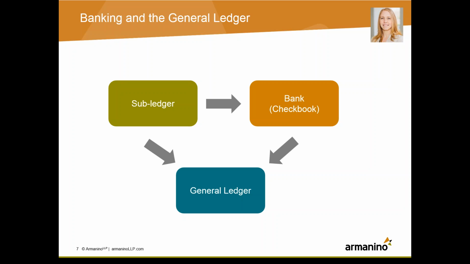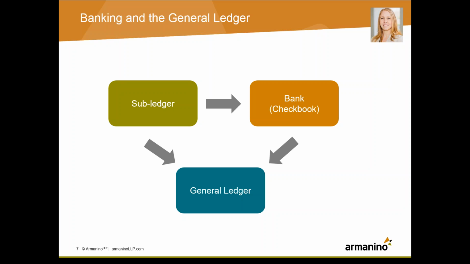They also have a checkbook selected on the batch. So the checkbook tells it to go to the bank module and which checkbook there will be selected. And then the cash account from the distributions tells it how to hit the general ledger. So the posting hits both modules, the bank and the GL, at the same time.